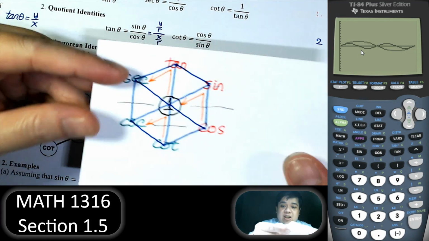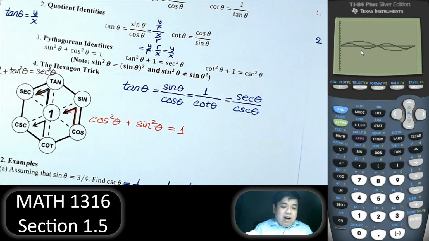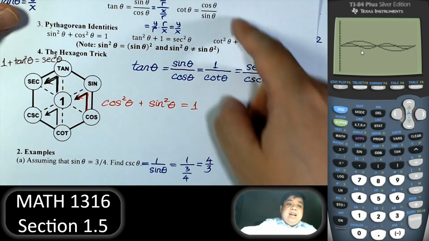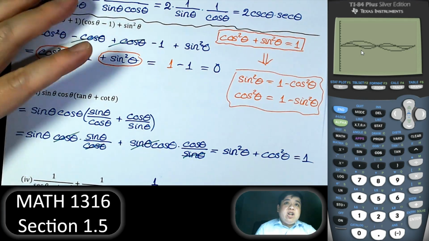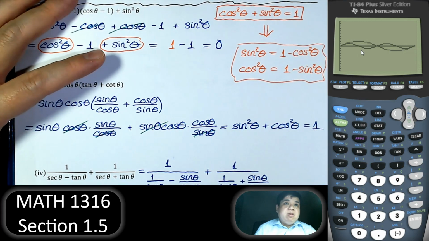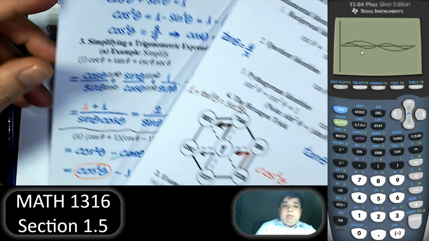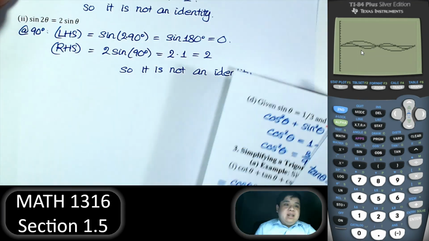I keep that for future reference. But in this section, get familiar with the identities and the manipulation here. We're going to do a lot more of this in chapter 5. But one thing that I usually do is write everything in terms of sine and cosine, and we go from there.